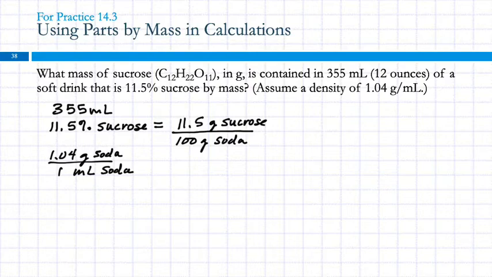So I pulled the numbers out. Again, it's always a decent approach to say, could I do this using dimensional analysis? Sometimes you can't, but it never hurts to look. This one we can. So what am I trying to find? I have to make a path. The question is, what mass of sucrose in grams?